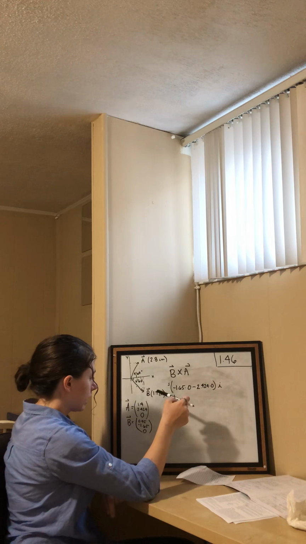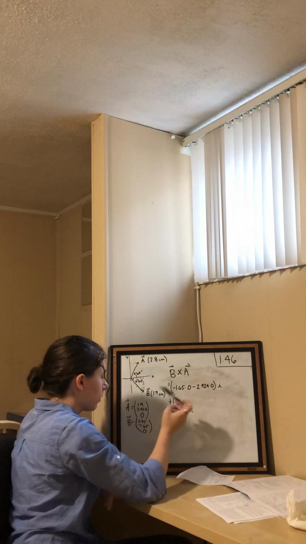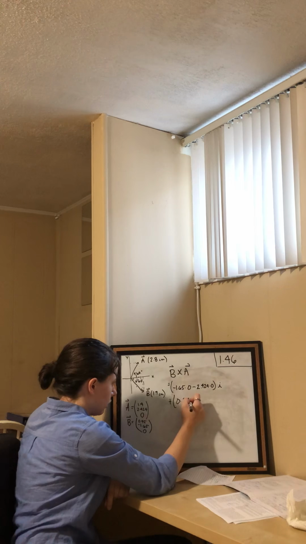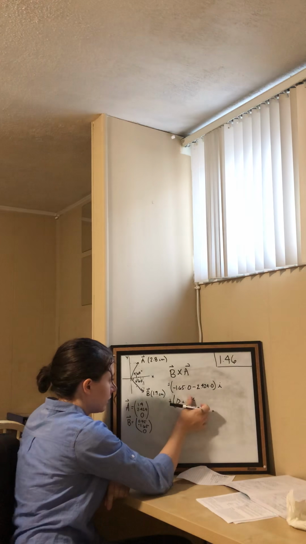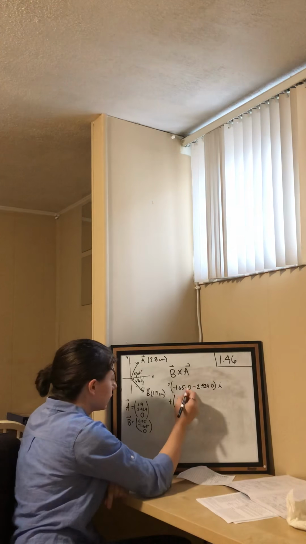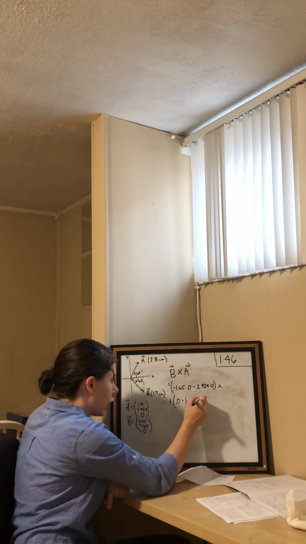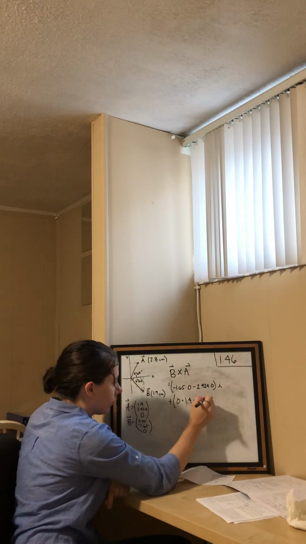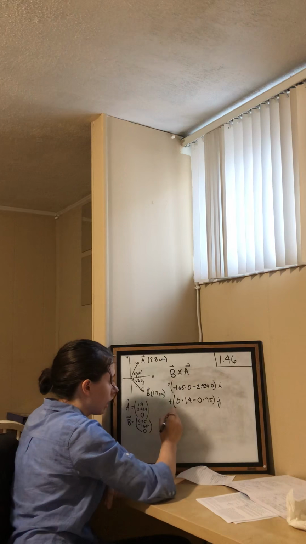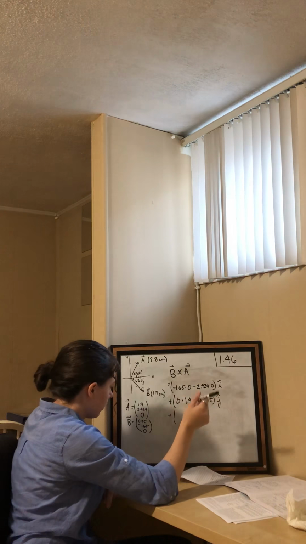Then we'll take the z component of vector B times the x component of vector A, minus the z component of vector A times the x component of vector B. And that would be your j hat.